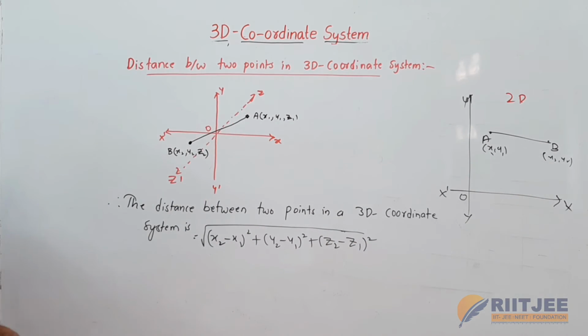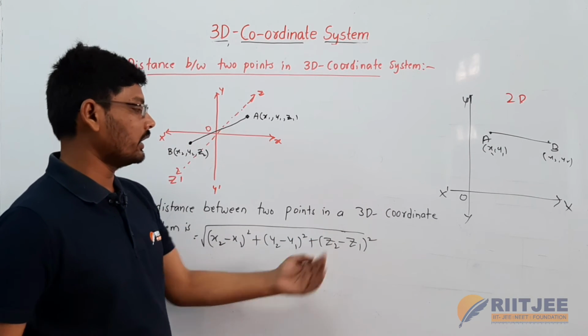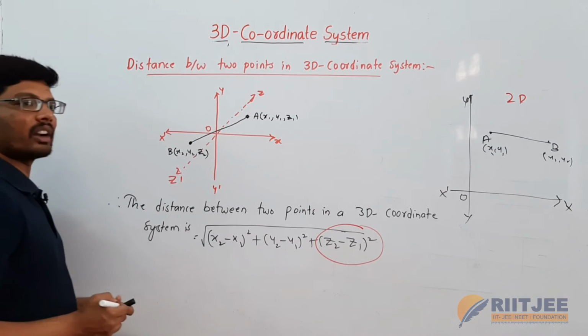In the 2D coordinate system we have the formula square root of x2 minus x1 whole square plus y2 minus y1 whole square, only up to here. This part is extended for the 3D coordinate system.